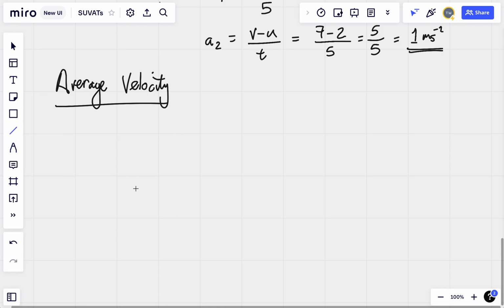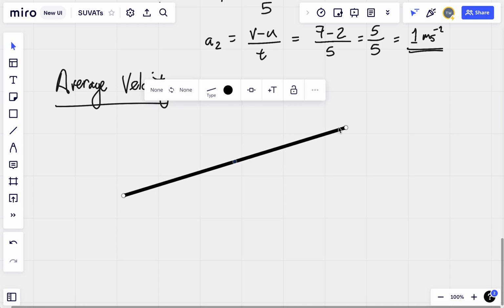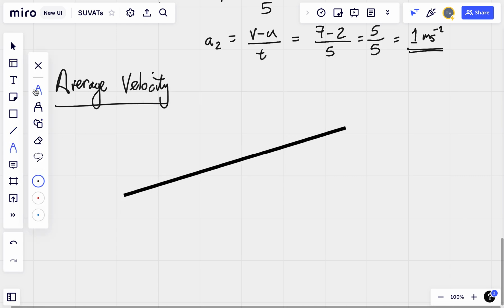So let's say we have a journey A to B. We start here, A, and we get to B. Now if you think about it, say we're going from place to place. Say I'm travelling from Ottery to Exeter. It doesn't work in a straight line unless somehow you're flying a helicopter or something like that.